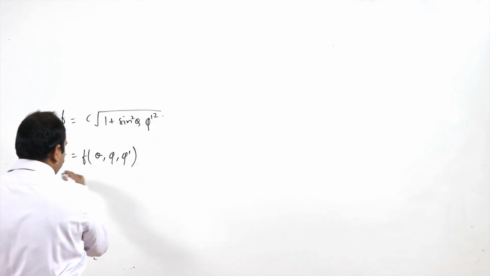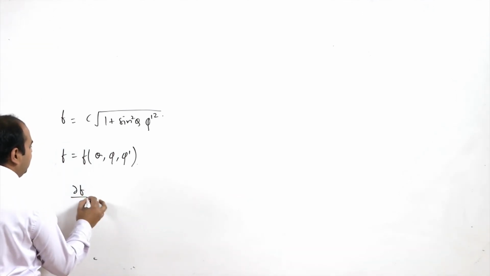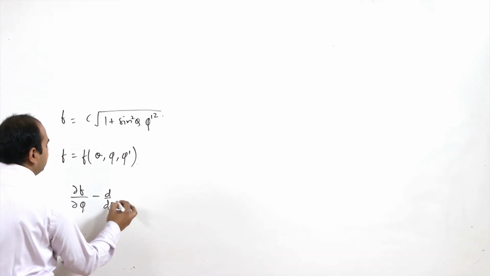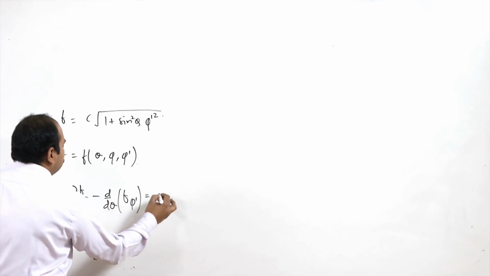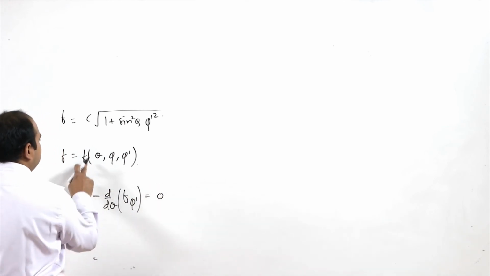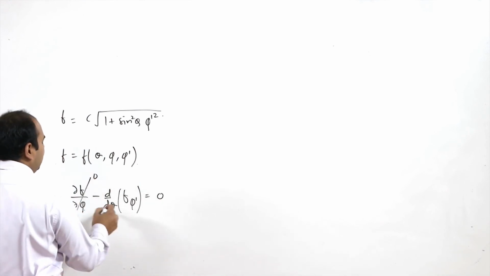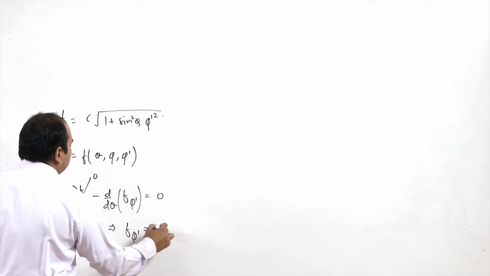Here your Euler equation for this integrand is del f by del phi minus d by d theta of del f by del phi dash equal to 0. Since this integrand is independent of phi, the first term is simply 0, and you can write del f by del phi dash as equal to constant.